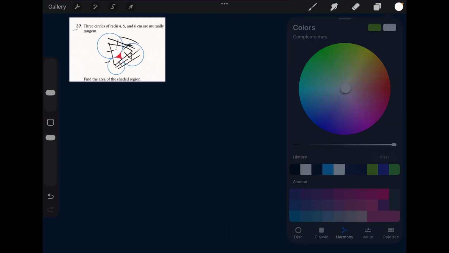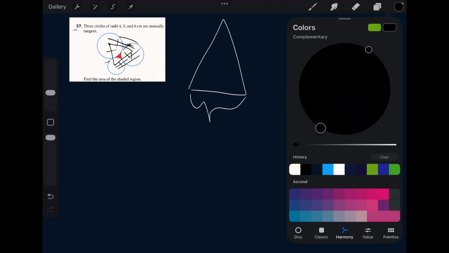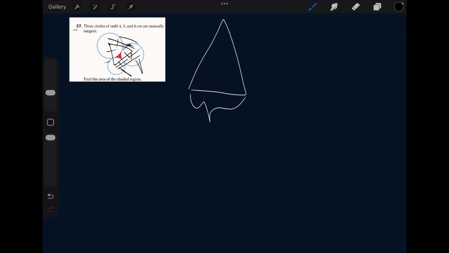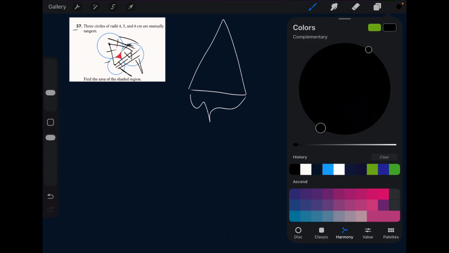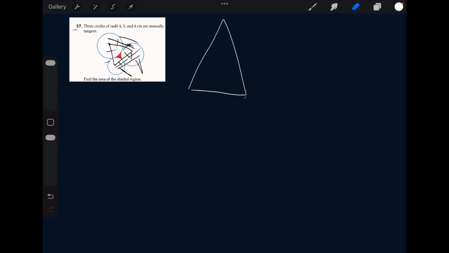Let me just switch colors. That'll give us this triangle with the sides. This side is gonna be this radius plus this radius here, and that'll just be 4 plus 5, and that equals 9.